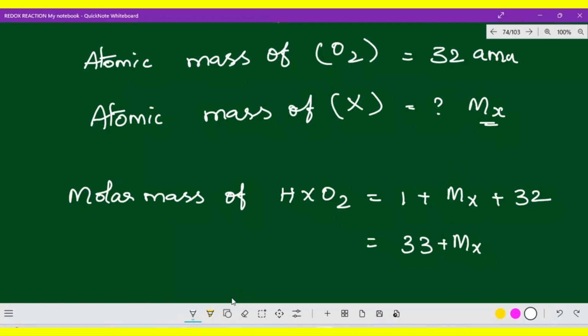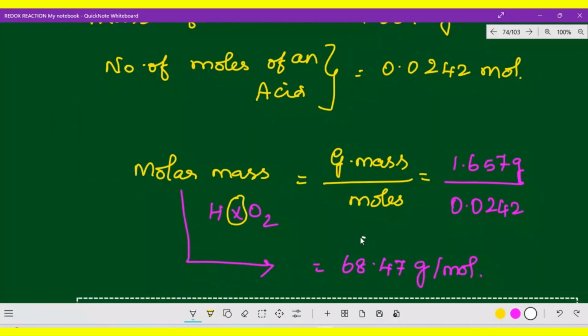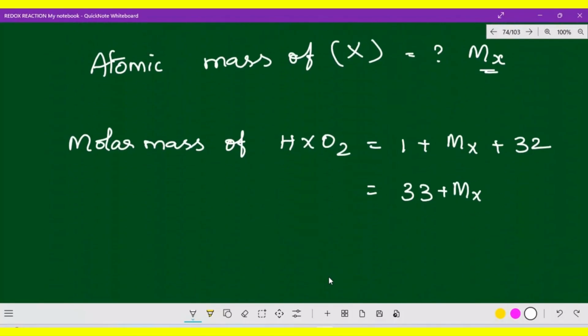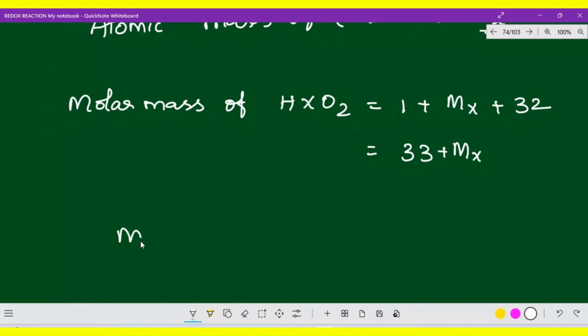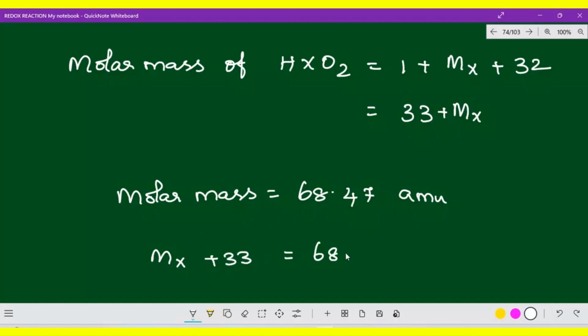Now we have got the molar mass, 68.47 AMU. Let us apply the value: MX plus 33 equals 68.47.